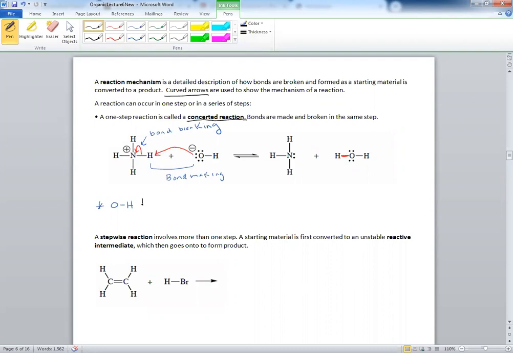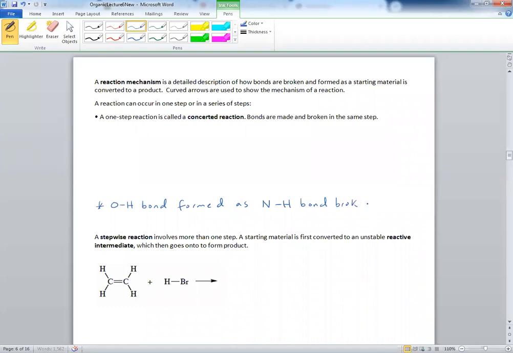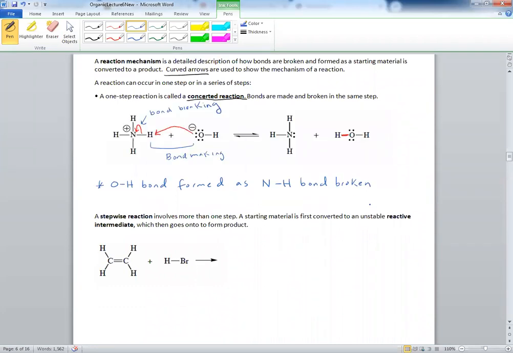OH bond formed as the NH bond broken at the same time.